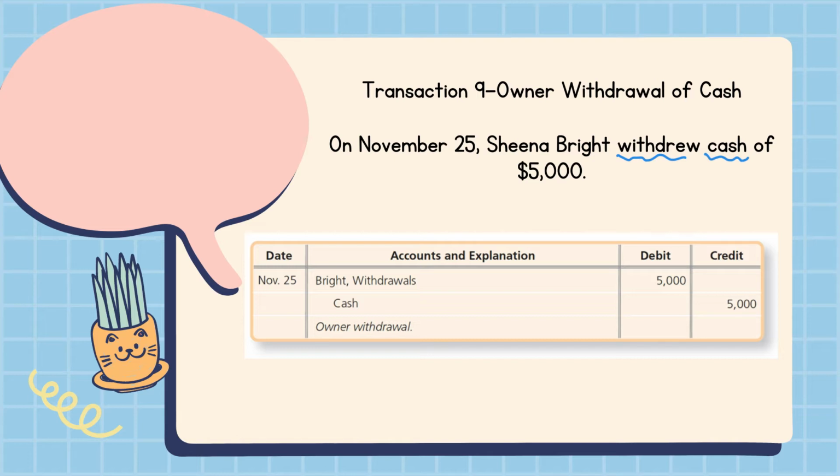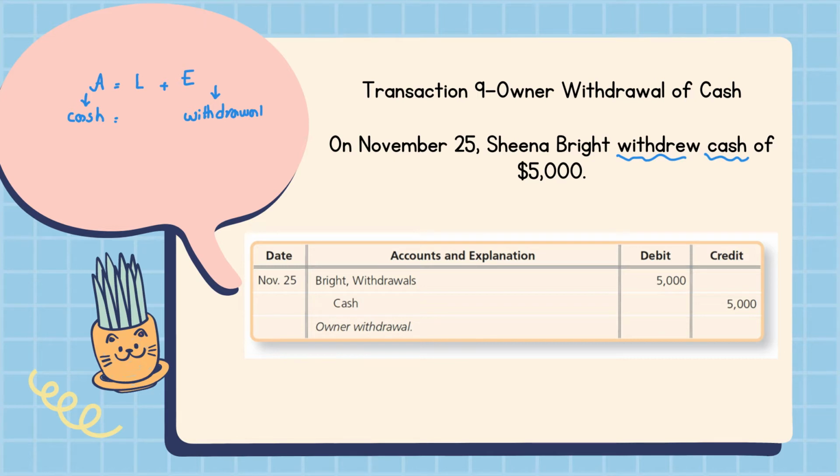The accounting equation is assets equals liabilities plus equity. Cash is under assets. Withdrawal will decrease my equity. And the business cash has decreased, as you can see.